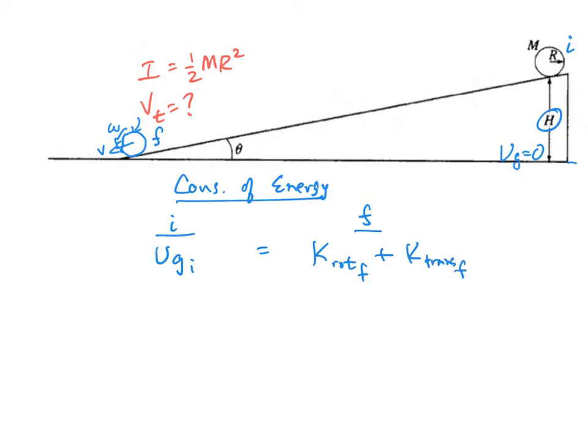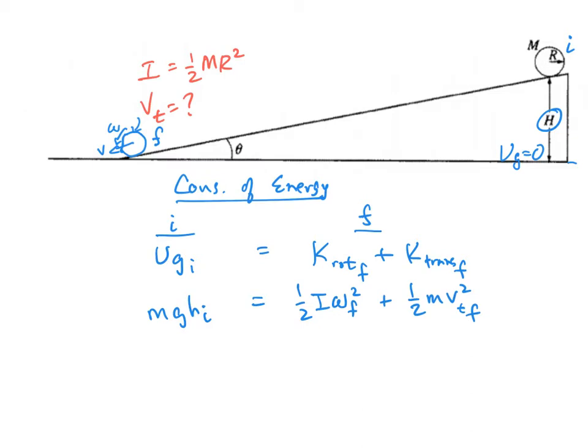Okay, so I've got rotational and translational kinetic. This is mgh initial. This is 1/2 I omega final squared. This is 1/2 m vT final squared, right? So that's the equation I'm going to start with.